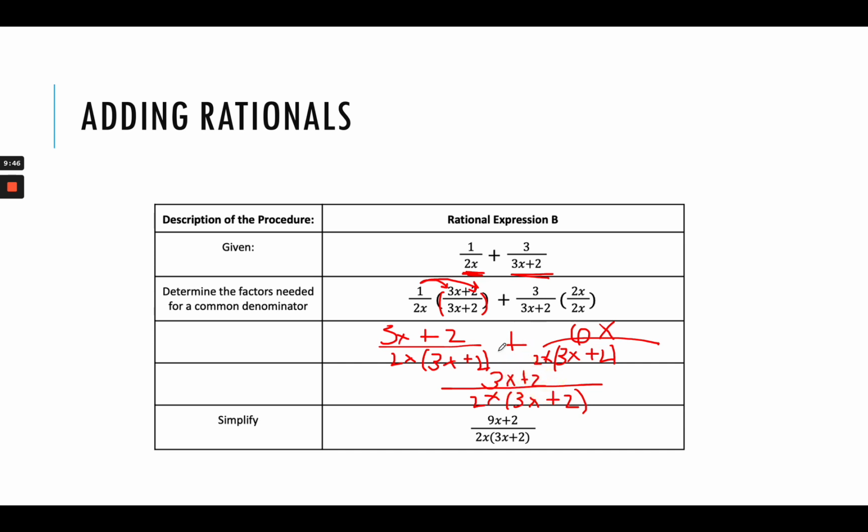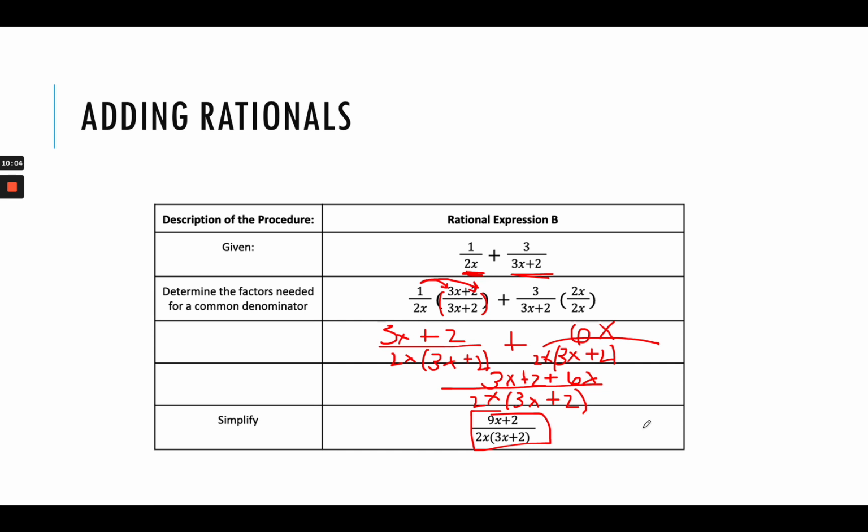And then since this is plus, we're just going to put plus 6x. And then we need to simplify, so we need to combine our like terms. Well, 3x plus 6x is 9x, and then we have plus 2, all over our common denominator of 2x times 3x plus 2.